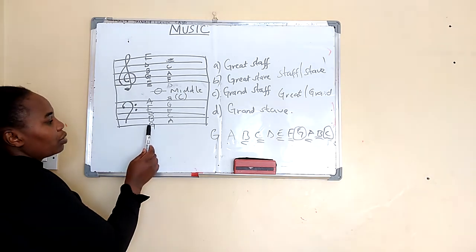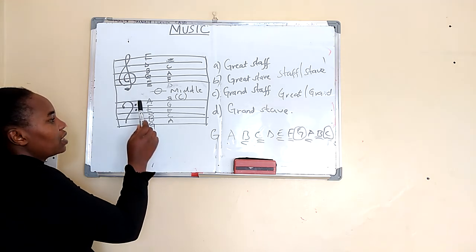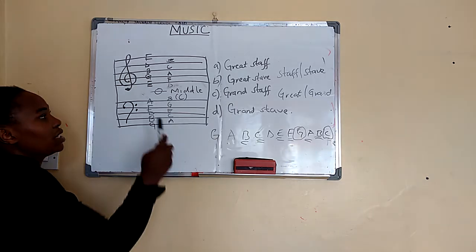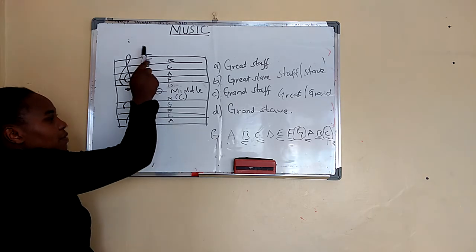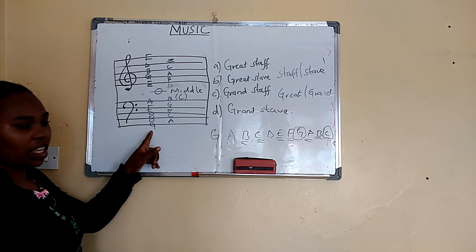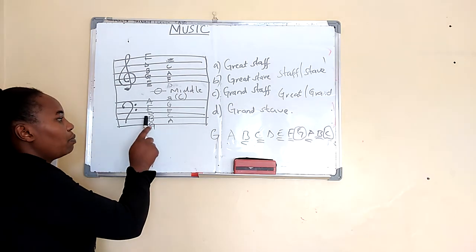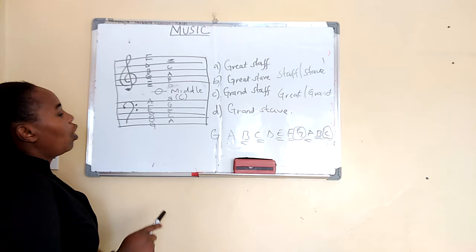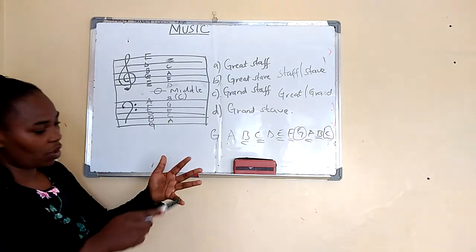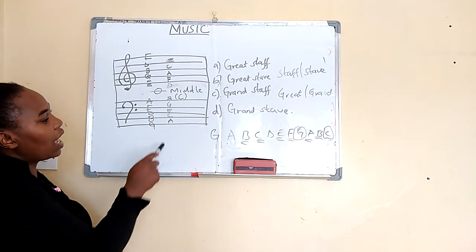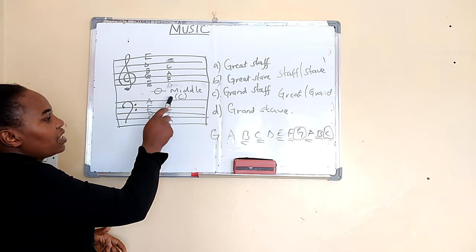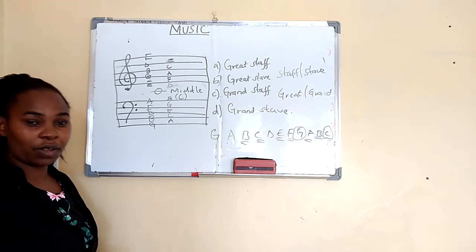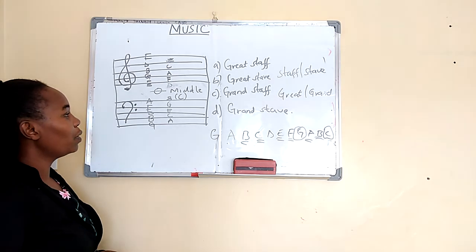The same case here, good boy drinks Fanta always. Remember, on the G staff, we started with every good boy drinks Fanta. But here on the F staff, we start with good boy drinks Fanta always. And on the 4 spaces, we'll have all cows eat grass. Very good.